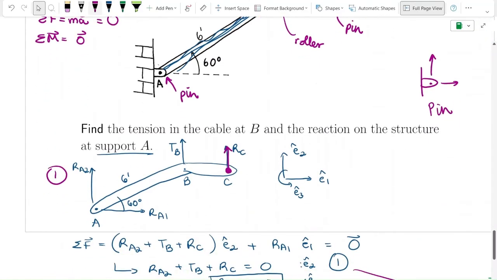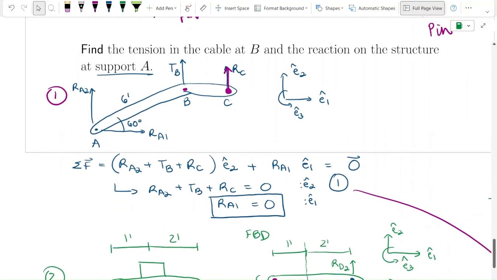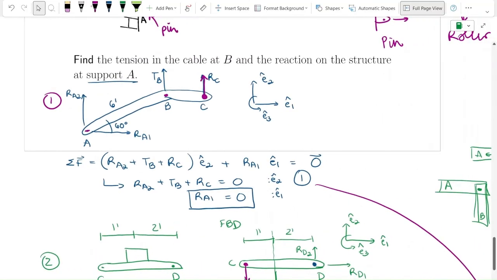Alternatively, you could pick to take the moments about B. This is also valid because then you would get your sum of moments to be from RA2 or RC. And so you have RC, and so you can then solve for RA2. And then you can do the same thing at point A. So basically, in this case, you can choose whichever point to take the moments about, and life should be good.